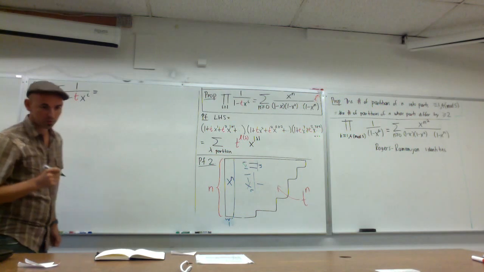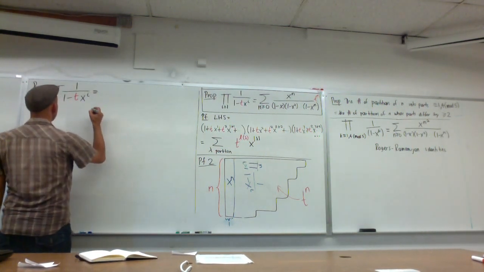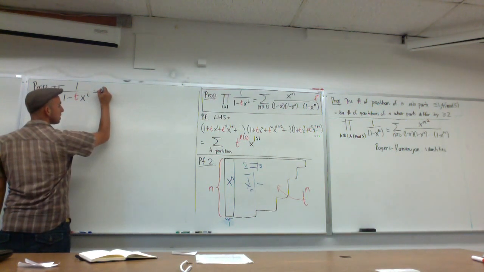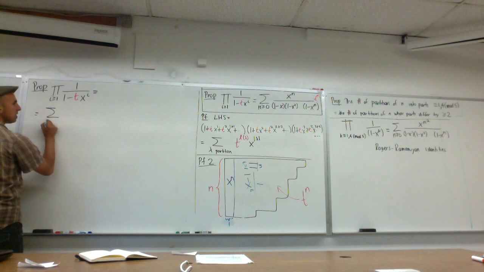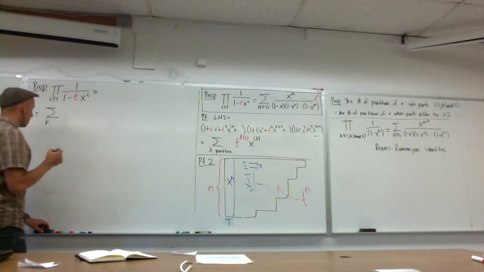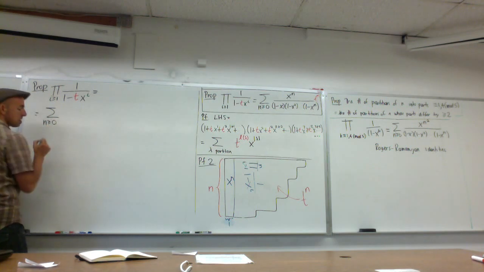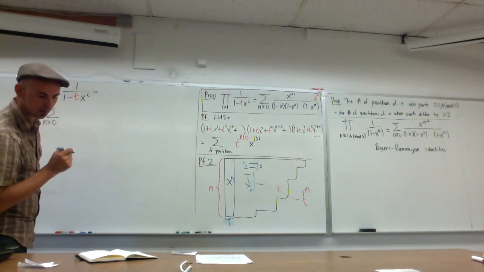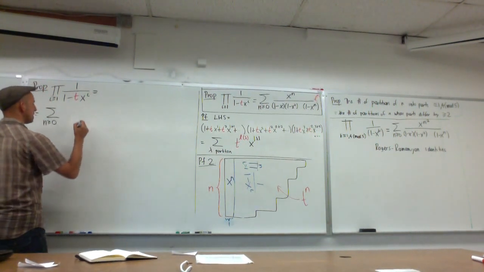Now, this is going to be equal to the sum over n greater than or equal to 0 of, it's going to look a little bit more like the Rogers-Ramanujan one.